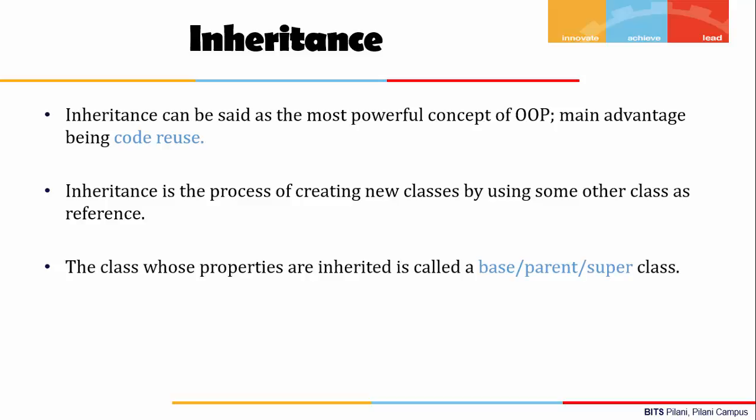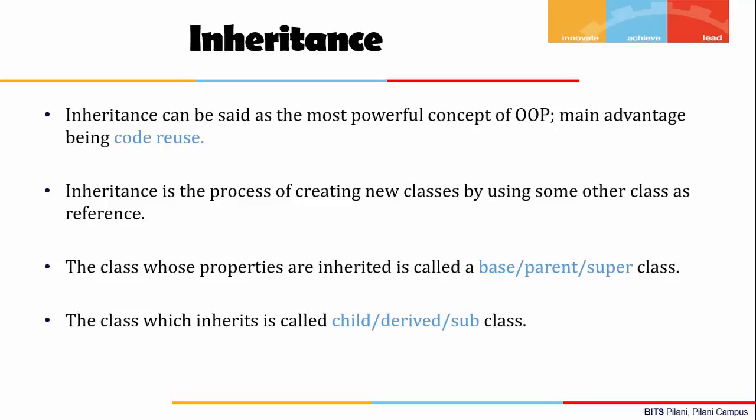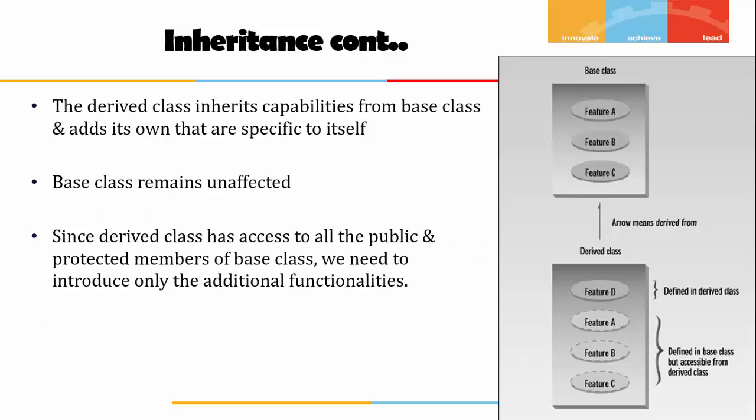The class whose properties are inherited is the base class. The class which inherits is called the derived class. The derived class inherits all the capabilities of the base class, but it can also add refinements of its own. The base class remains unaffected in this procedure.